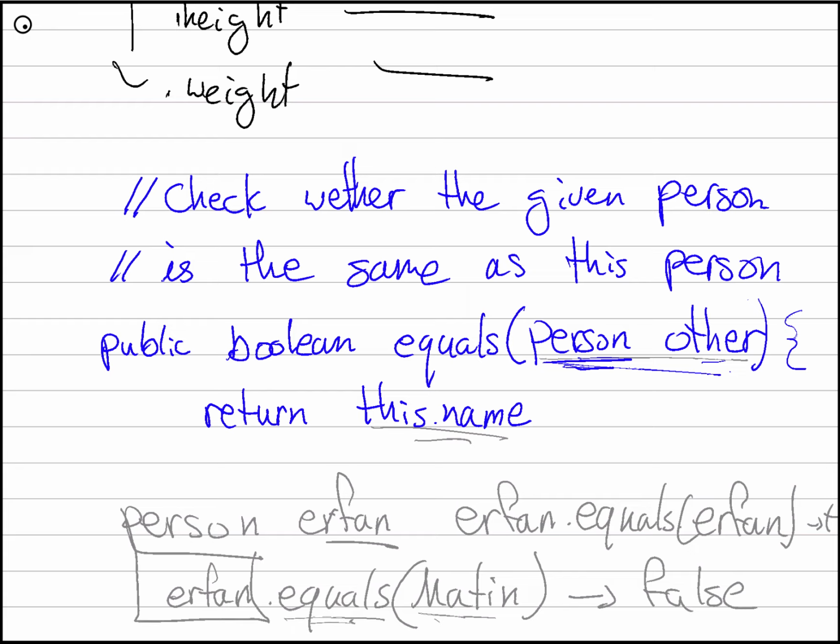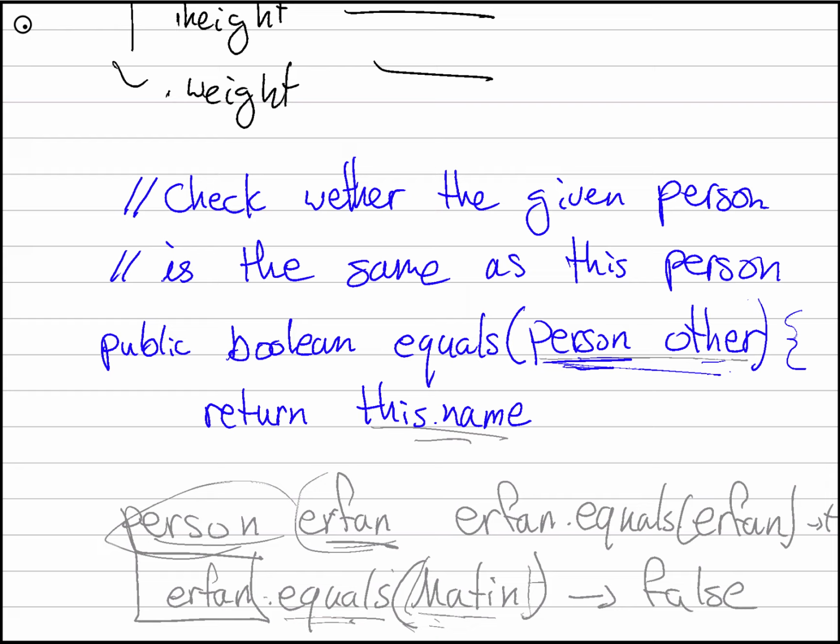So you already have information about irfan in the equals method, because you're in the class person, but you're in the instance of irfan. Does that make sense? Yeah, makes sense. That's why you need to pass in Mateen, because you don't have access to Mateen's attributes.